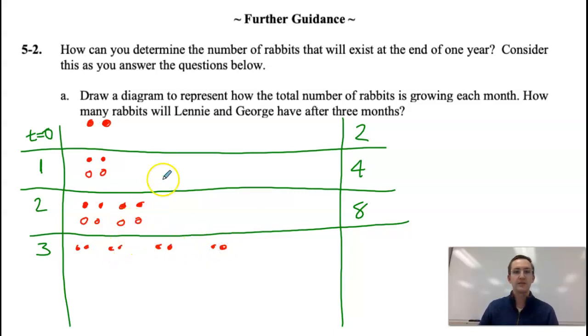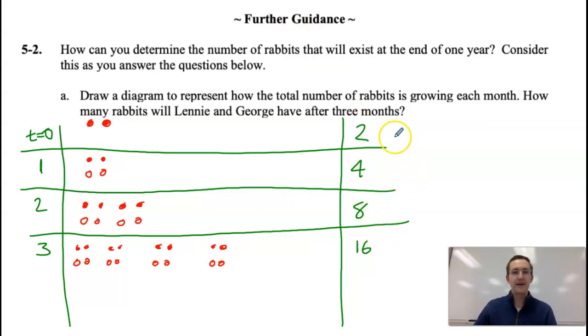So there's the 8 from the last month. All 4 pairs of those are going to have 2 more babies apiece. So we put 2, 4, 6, 8. So now our total, again, we had 4, 8, 12, 16 total for 3 months.